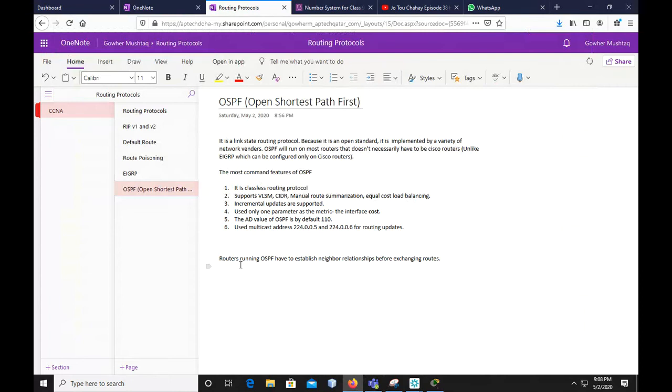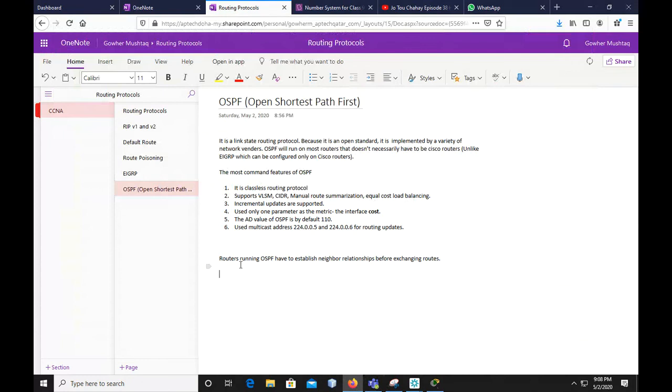That means there will be three tables: neighbor table, topology table, and routing table. In EIGRP, it shares only the routing table, not the network topology. The entire three tables will be shared every time in OSPF, which in turn increases the bandwidth usage of the network.